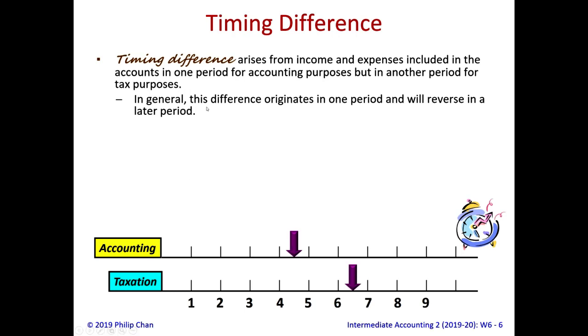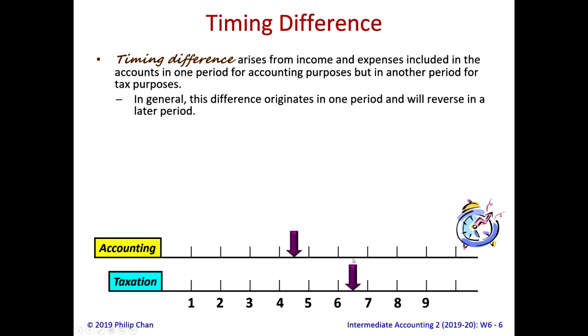Because of that timing difference, the differences would then generate in one period, such as if you have sales of 100 at year 5 and nothing from a tax point of view, then 100 minus 0, you have a difference of 100. And then in year 7, you have no revenue, but from the tax point of view, you have a revenue.